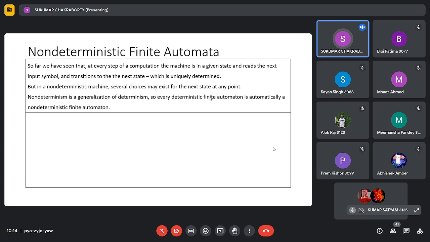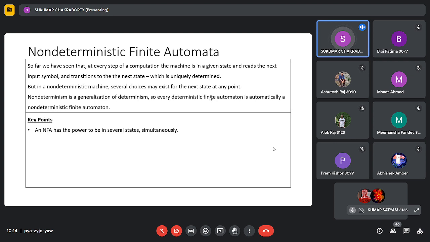That's what I said. So non-determinism is a generalization of determinism. So NFA is a generalization of DFA. So DFA is a special case. NFA is a more generic case where the output might be a set of states, and DFA is a special case where the output is a particular state. So every DFA is automatically an NFA also.